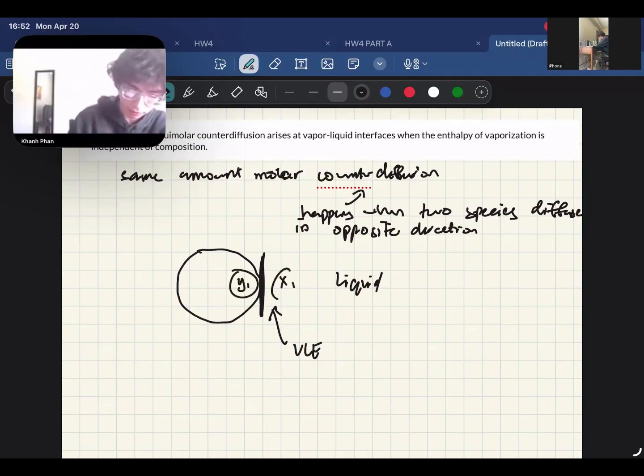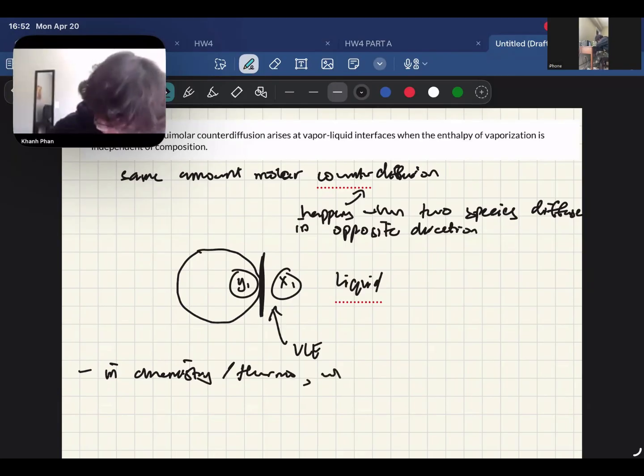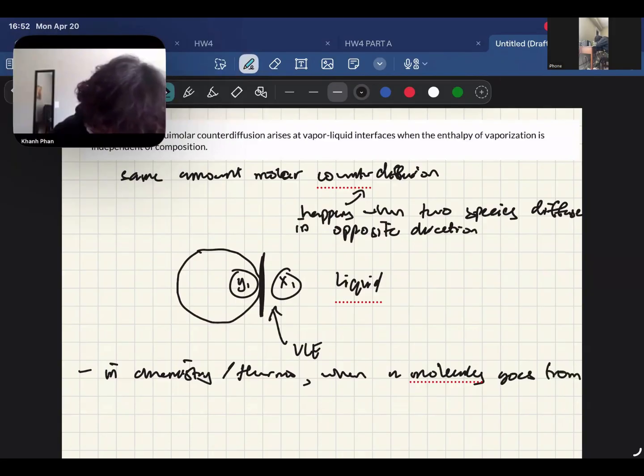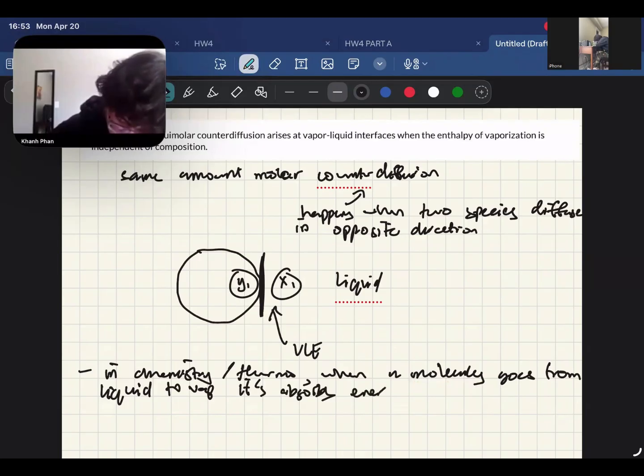So here's the explanation. In chemistry, in thermo, we learned that when a molecule goes from liquid to vapor, it absorbs energy, the enthalpy of vaporization.